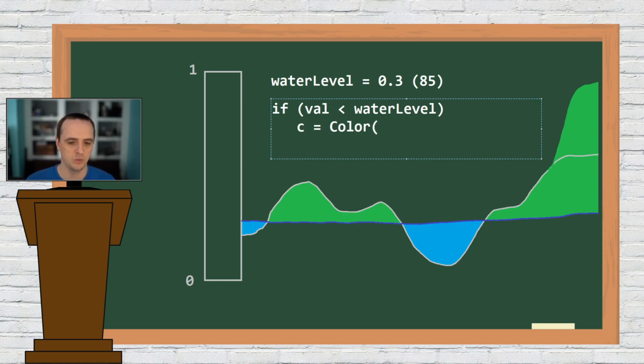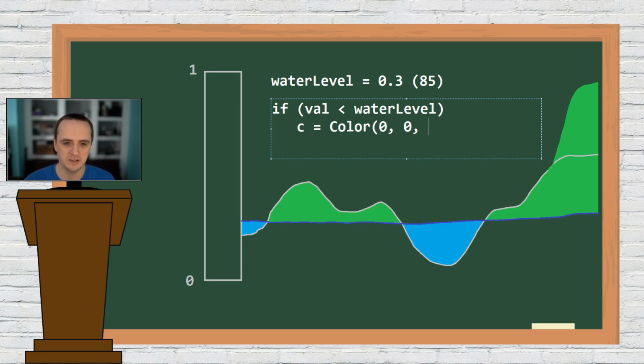We only want it to be blue, so we can set the red and green values to be 0. But now we want to scale the color of the water based on its depth, right? Water that's right up at the surface will be bluer, water that's deeper will be darker. If we put this at 255, it will be as bright as possible for the water. If we put it at 0, it will be as dark as possible.